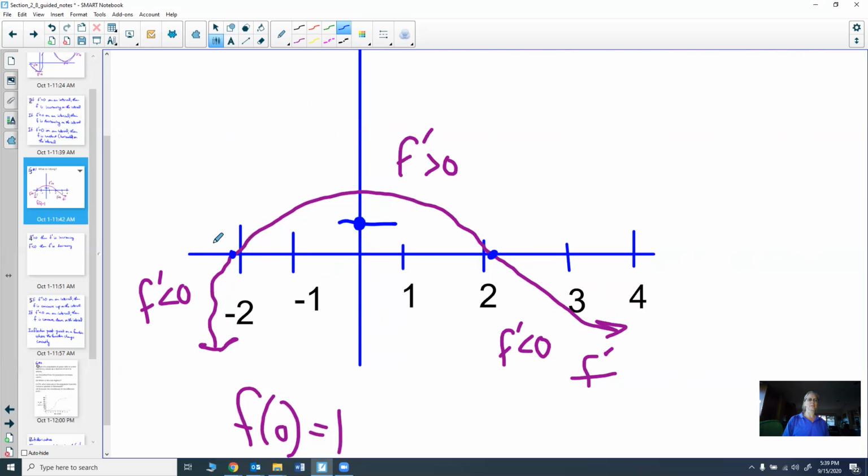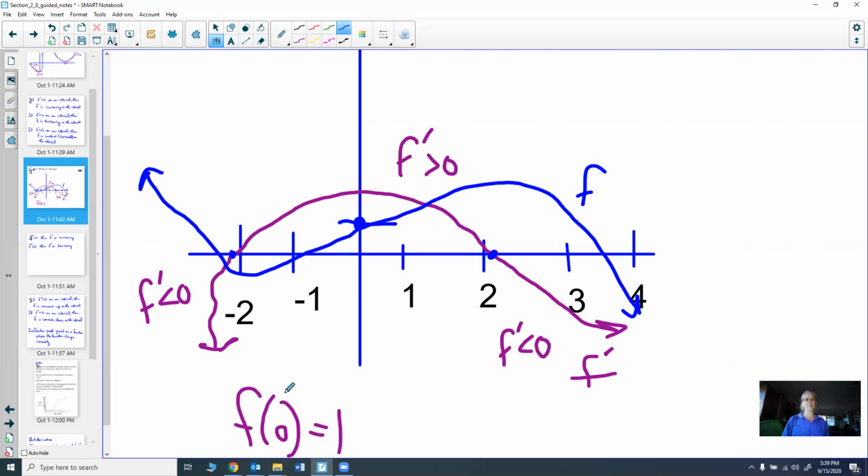We're decreasing down to this point. Then we're going to start increasing again. We need to go through that point. And then we're going to be increasing, and then we're going to suddenly start decreasing again. So it looks like it's going to look something like this. I'm going to go down, it's going to come up through that point, it's going to go up, go down, and then switch around and go down again. So that looks like that's my function.